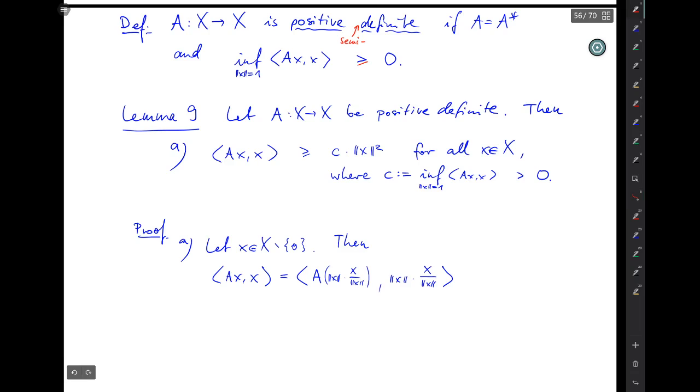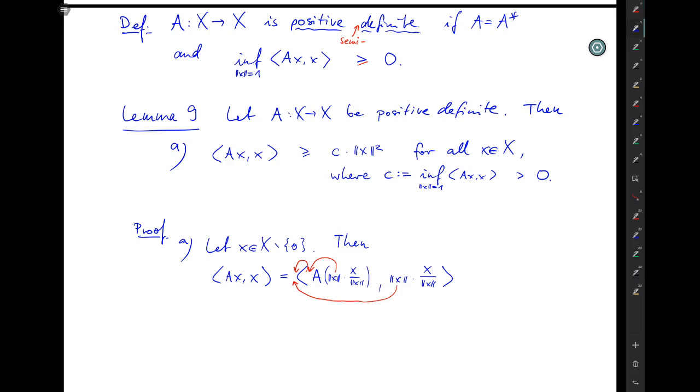But now it's clear that you can get this scalar here in front of your operator A, and from here you can get it in front of your scalar product. But also from here the other scalar you can get in front of your scalar product. In case of a complex scalar product, you get the complex conjugate in front, but this is obviously real here.